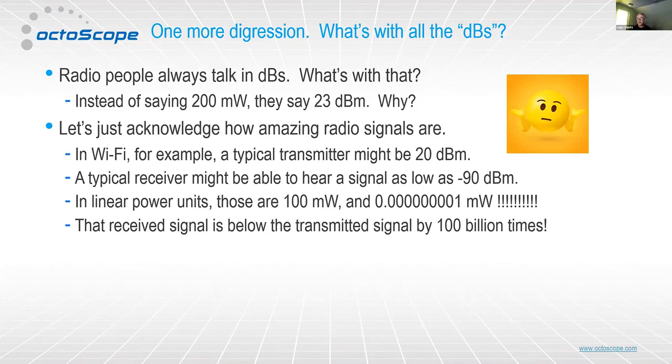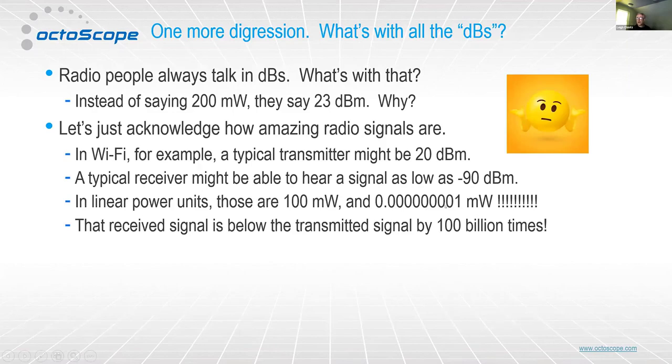That's a typical thing, like 100 milliwatts. And if you look at the receive side, receivers can receive signals down as low as, say, negative 90 dBm. If you translate those into linear power units, that's what's on this line here. We're talking about 100 milliwatts and whatever this number is.